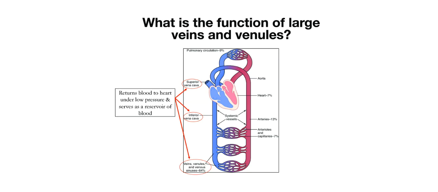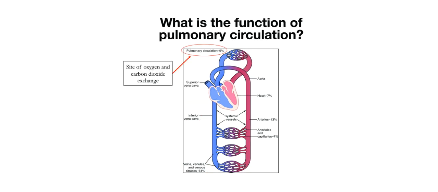They can stretch a lot. These are going to take all of the stuff that you just collected in the capillary beds and fuel it back up to the heart so that it can go out into the next circulatory system. Once you get into the pulmonary side, that's your side of carbon dioxide and oxygen exchange. We have a whole unit on that, so we'll talk about how that works later.